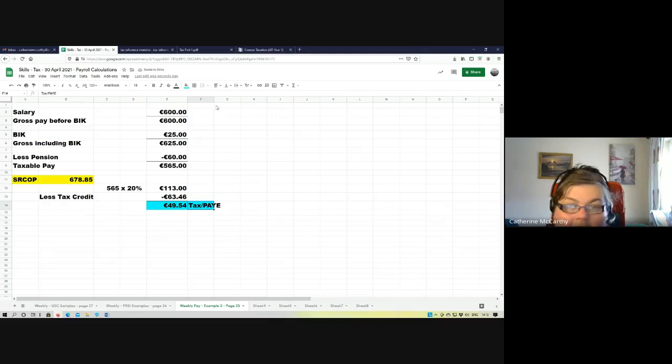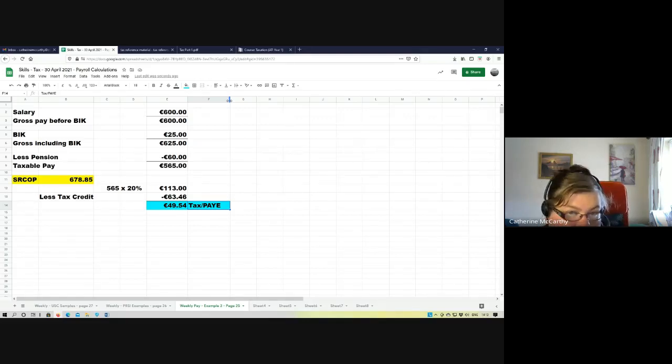The BIK, Monica, is probably like a company car. If it was a bike to work scheme, it would be an exempt BIK. But this BIK here would be a taxable BIK we're putting inside here. So the use of a company car or a preferential loan or the employer paying your gym membership, they'd all be taxable BIKs.